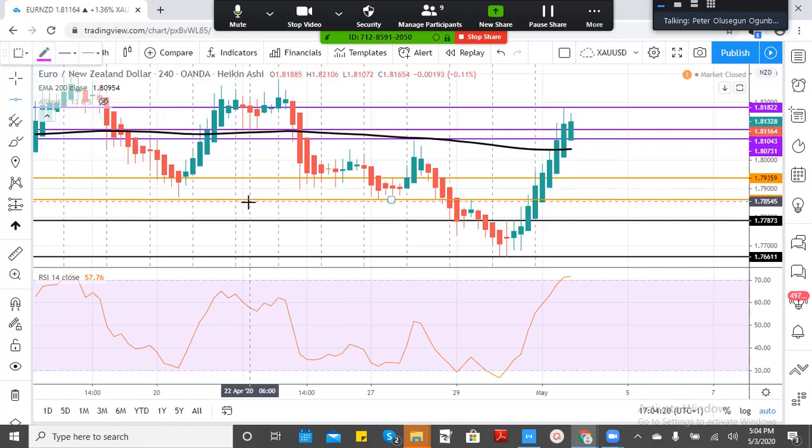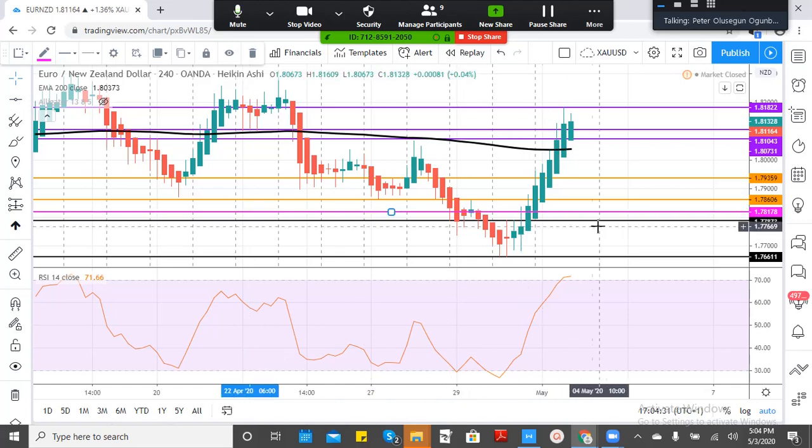I'll come back to this area in the middle zone where there had been activities around here where the body had crossed. I'll come down to that middle zone and pick a buy limit.